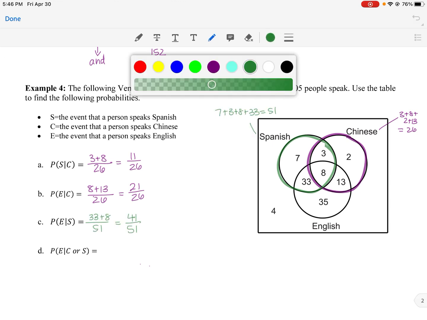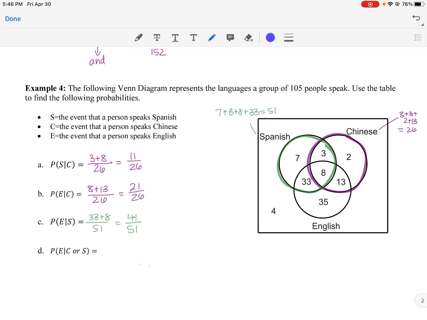This one's a little bit different. This is now saying, okay, what's the probability that they speak English given that they also speak Chinese or Spanish? So remember, or, we're looking at both of those circles, and then we want to know if they also speak English.